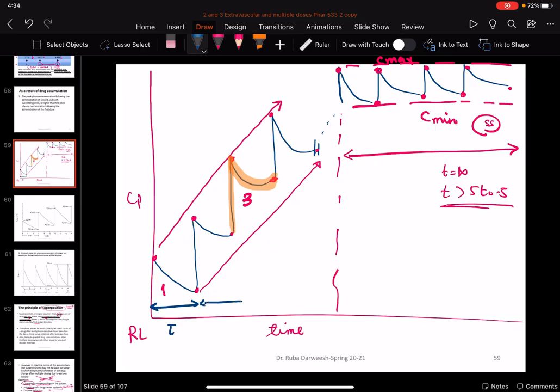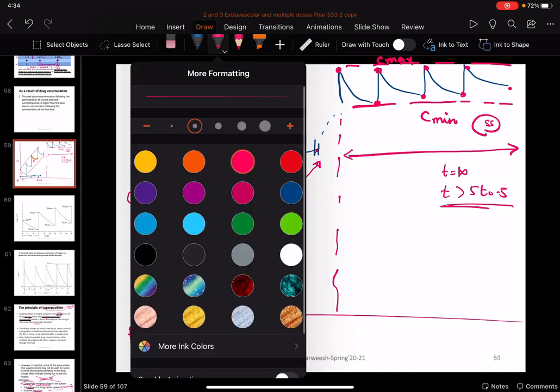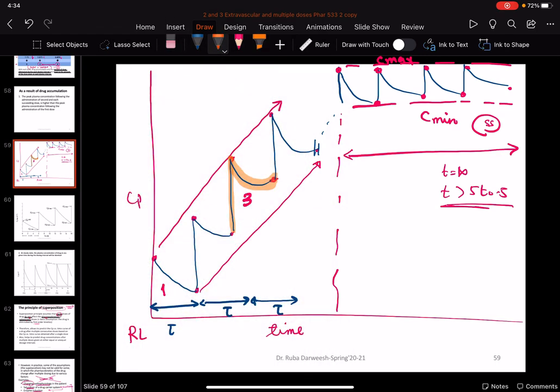So in each and every dose, this is a tau, and we mentioned that tau could be changing, and we will see in the adjustment of different dosing regimens or therapeutic regimens, you may need to change tau with time according to the results of the concentration that you have. And we have T, which is the time since the administration of the nth dose.